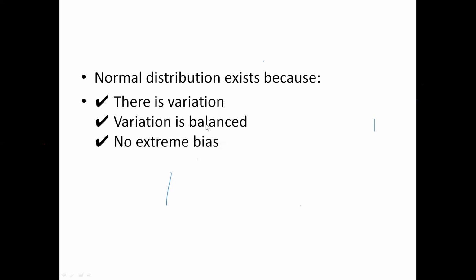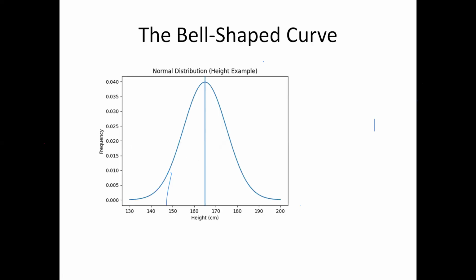Balanced means very tall people and very short people will also be very few in the population, so there is no extreme bias. If this type of data is with you, you can say the data is normally distributed, and you can very easily apply the parametric test whenever you get this bell shape curve for your data.